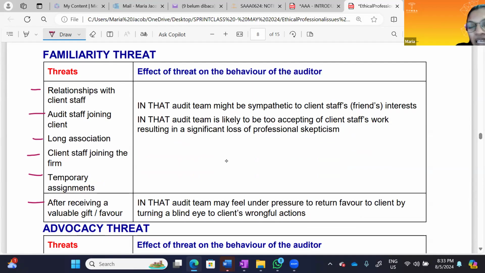When explaining the matter, you should explain that the audit team member might be sympathetic to the audit staff, or too accepting of the client's work. These are keywords you can use, and it's easy to explain. If you have received a valuable gift, you might be under pressure to return a favor. So that's familiarity threat.